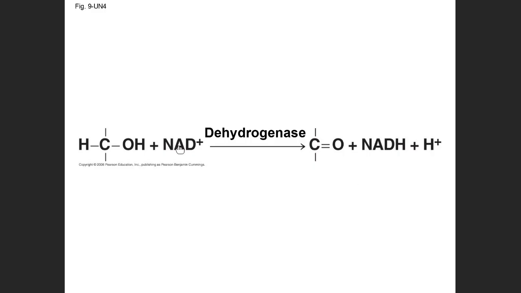Now, NAD plus, right, it's charged because it's oxidized right now. It's going to accept electrons and a hydrogen to become reduced and form NADH. And the NADH is one of our very important electron carriers.